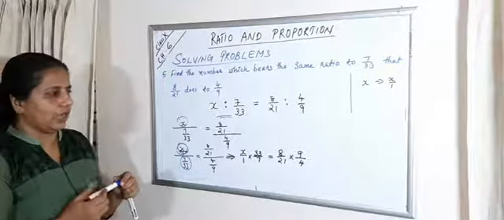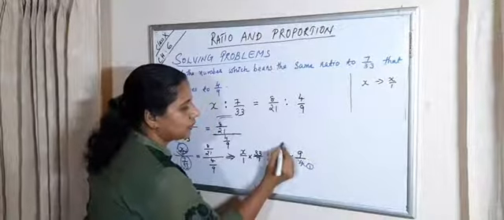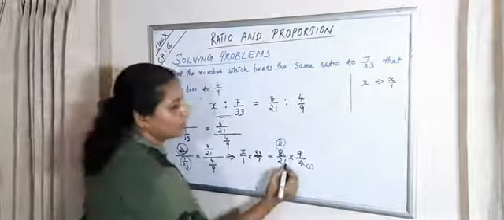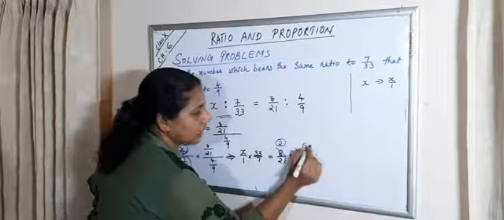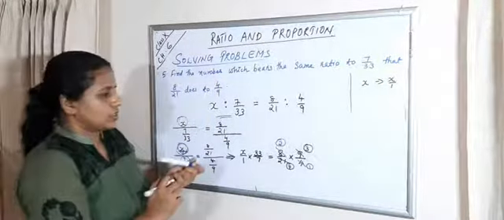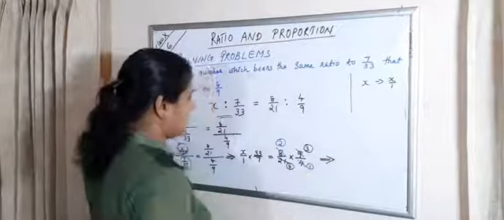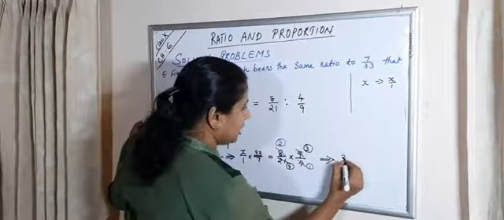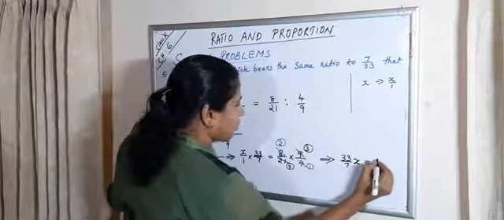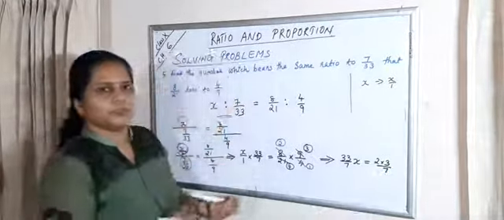Now 1 4 4, 2 4 8. 3 3 9, 7 3 21. So we can write 33 by 7x equal to 2 into 3 divided by 7.